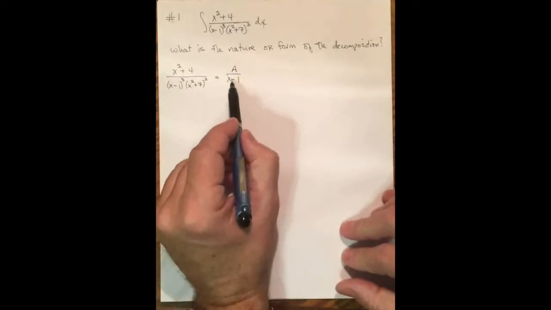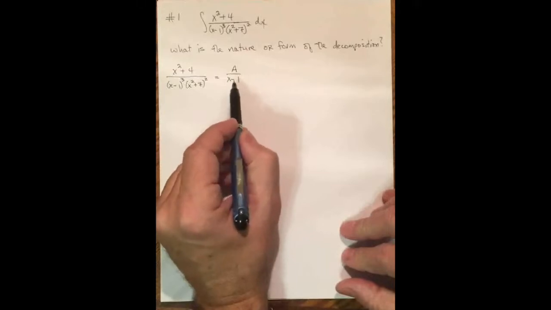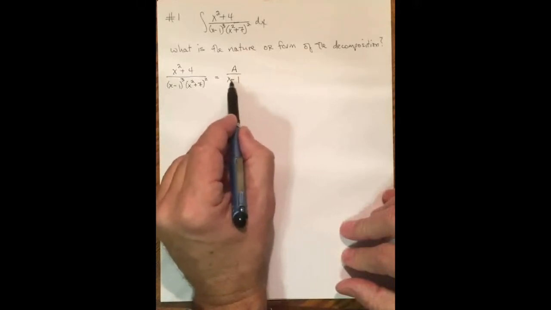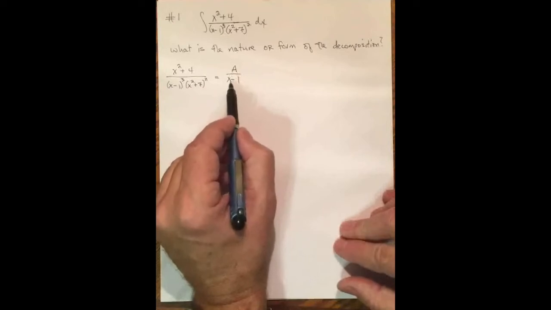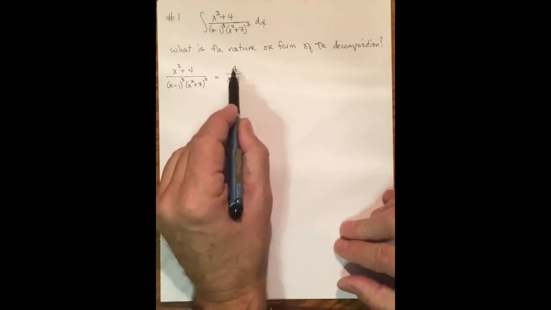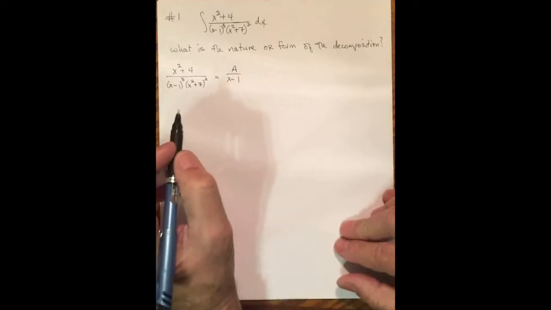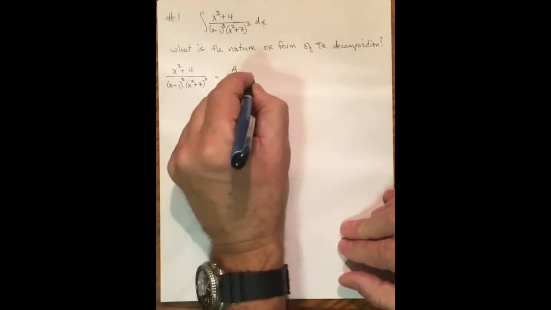And the rule is that in the fraction over here, you've got your linear factor, and the degree of the top, the numerator, must be exactly 1 smaller than the degree downstairs. So this is linear, so degree upstairs has got to be 1 smaller, which means it's degree 0, and degree 0 polynomials are constant.